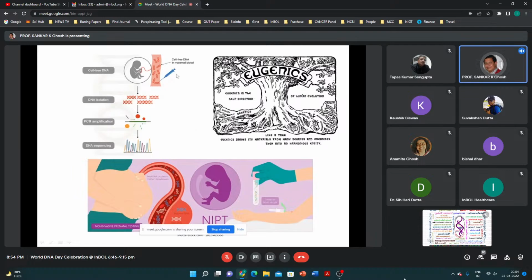And NIPT is a very important technology right now, using the cell-free nucleic acid in the mother. At 5 weeks of pregnancy, we can identify whether these deleterious genes are there or not. If there is a deleterious gene, then we can delete that kind of gene, by a different technology or, as we just discussed, CRISPR also helps us to make these kinds of changes.